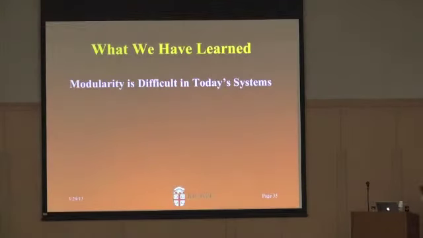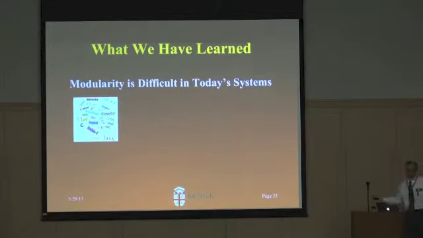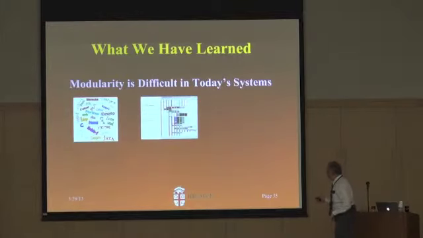We've also learned that modularity in today's systems, where you have multiple threads, multiple processes, enforced division, and complex things going on, is difficult. There are several reasons for this. One, you often have multiple languages enforced upon you. A single solution like AspectJ doesn't work if you have to code part of it in C or in JavaScript.